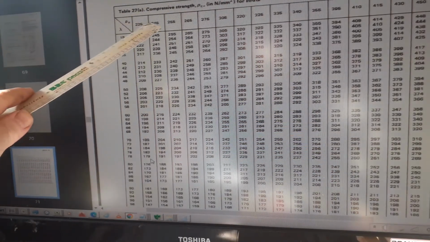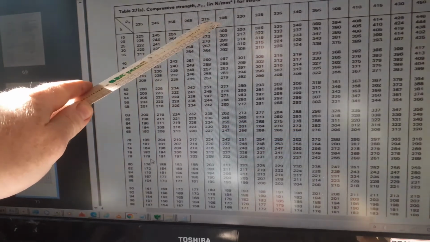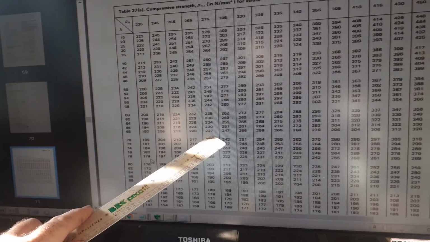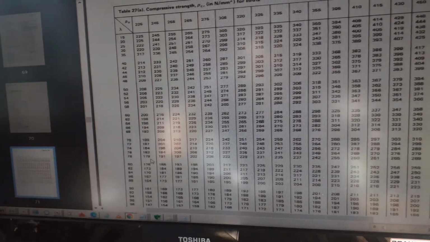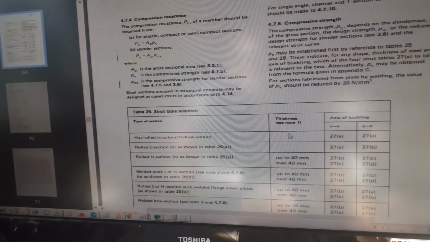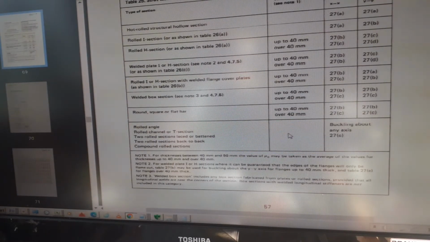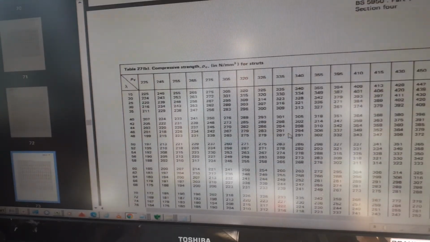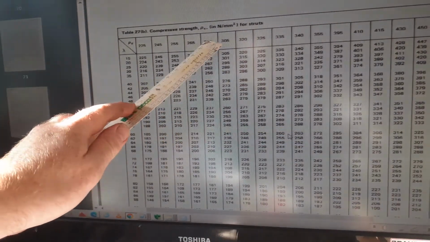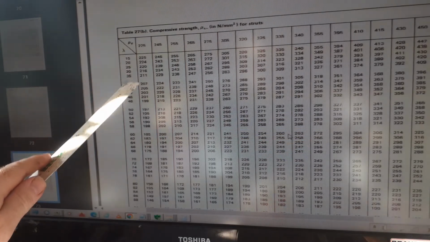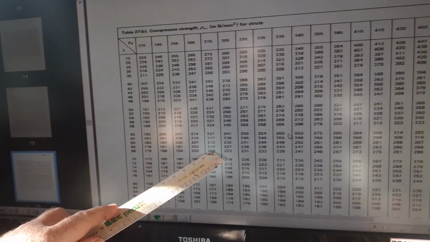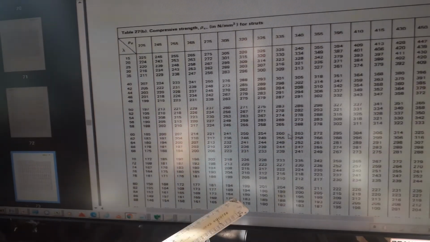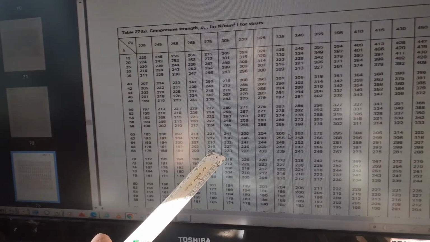Here, go across the top, py is 275, which is there. Lambda was 67. Sorry, an H section is Table B; that was Table A, so here's Table B. py equals 275, lambda 67. So it says lambda 66, lambda 68, py equals 275.